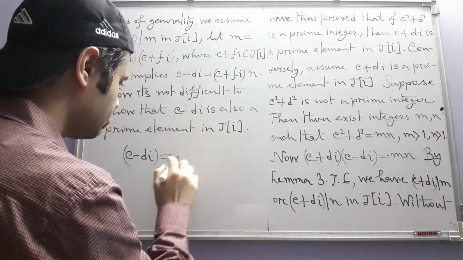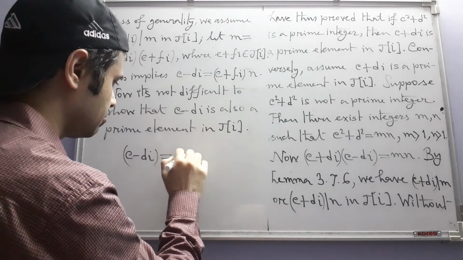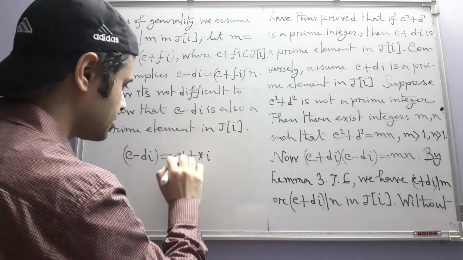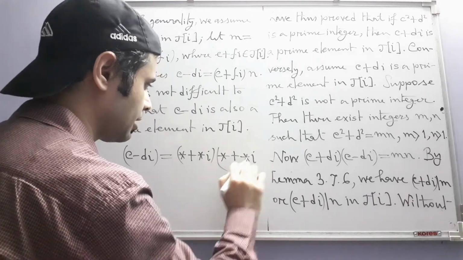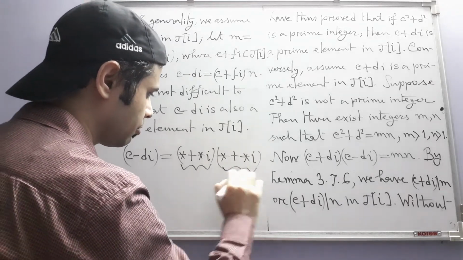That means it will be, say, something plus something times I, times something plus something times I, where these are non-units.